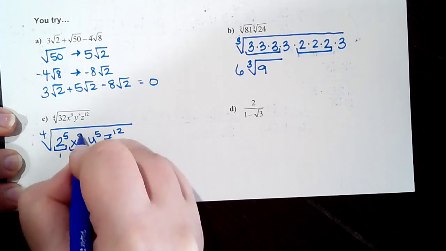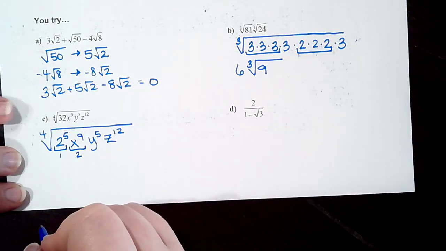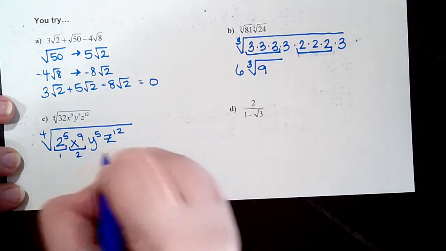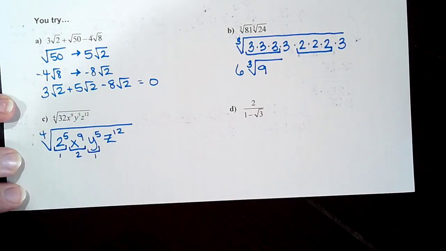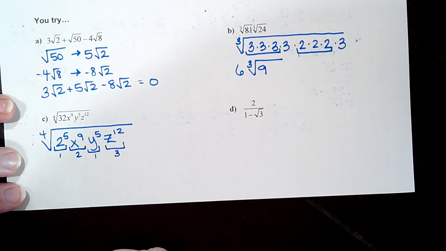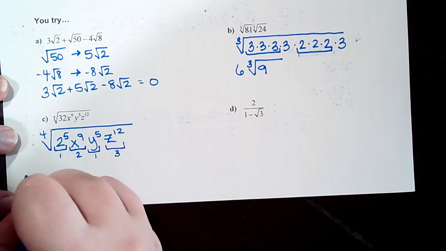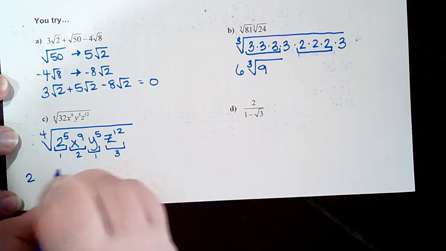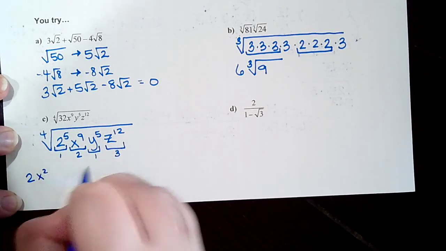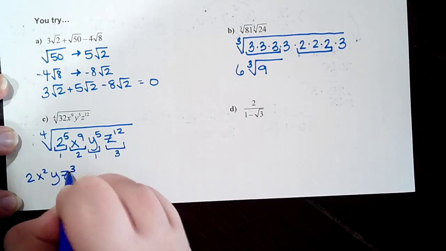There are 2 sets of 4 in there, x to the 4th times x to the 4th. We've got 2 sets there. We have 1 set here, and we have 3 there. So once I have found how many, I'm going to take those to the outside. 2 to the 1 is 2, x to the 2, y to the 1, and z to the 3.